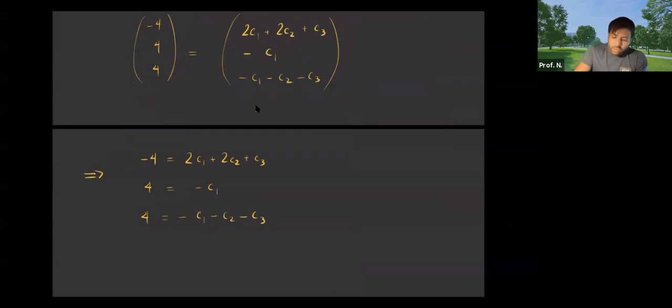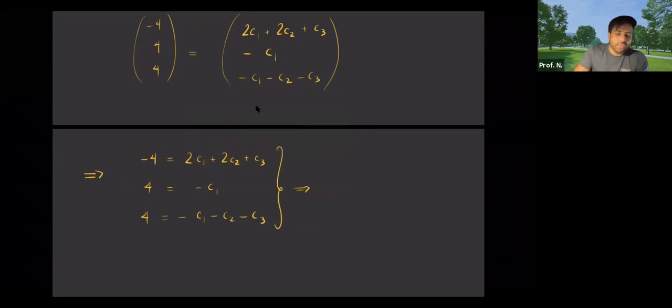And then, of course, finding C1 is quite straightforward. Then you can plug that in here, plug that in here, and solve that system in that fashion. But the important thing to notice is that this is a system of equations with 3 unknowns and 3 variables. So this can also be written with C1 as X, C2 as Y, C3 as Z, and we've seen these equations before.